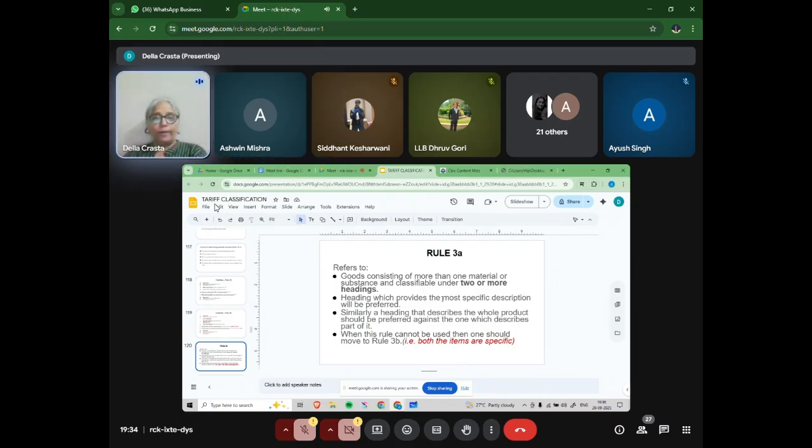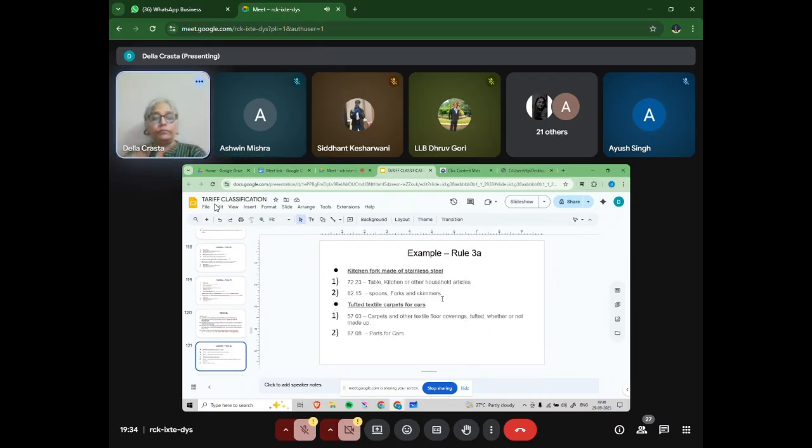So before that, let us see some examples of 3a. Okay. Kitchen fork made of stainless steel. I think we had already taken this example earlier, in the last week's session. So if you see a kitchen fork made of stainless steel, it is in chapter 73 actually, not 72. 7323, table, kitchen, or other household articles.